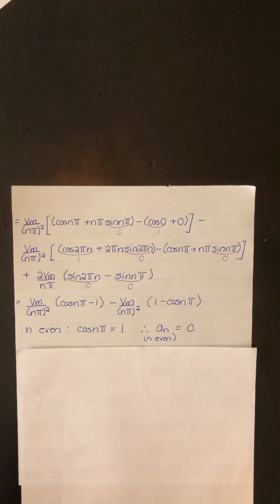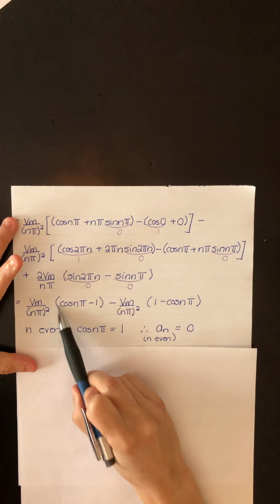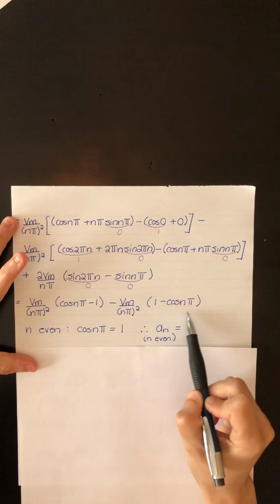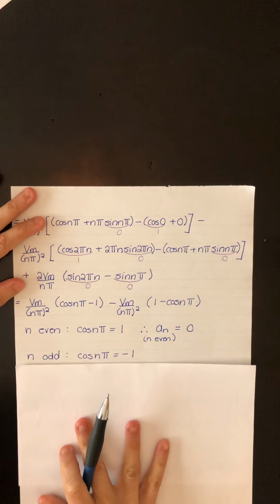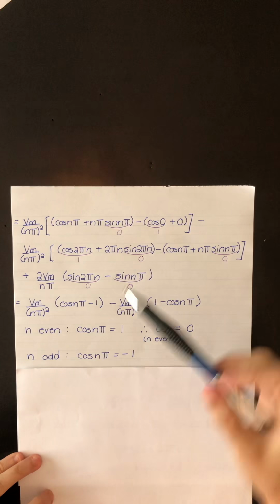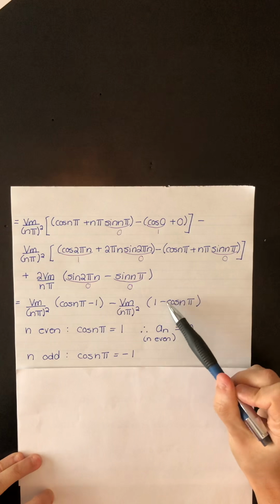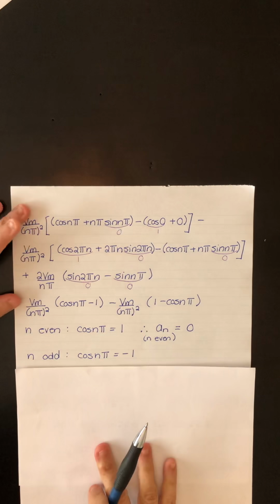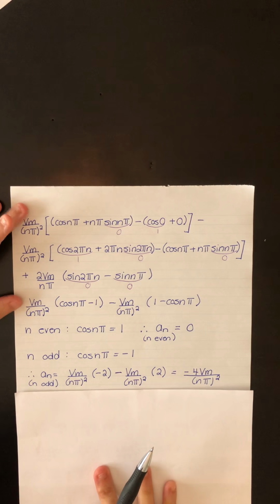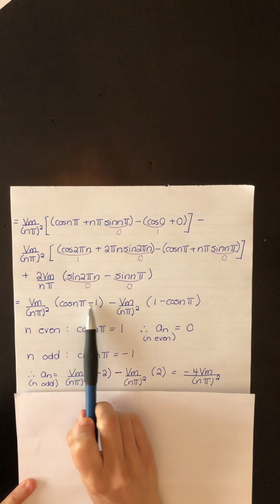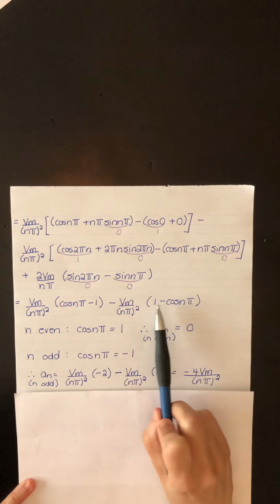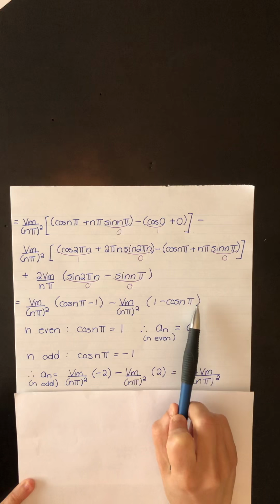What happens when n is odd? Well, when n is odd, these quantities will be equal to negative 1. So when n is odd, we're going to be substituting negative 1 here and here, which means that in here you'll get a negative 2, and in here you'll get a positive 2.